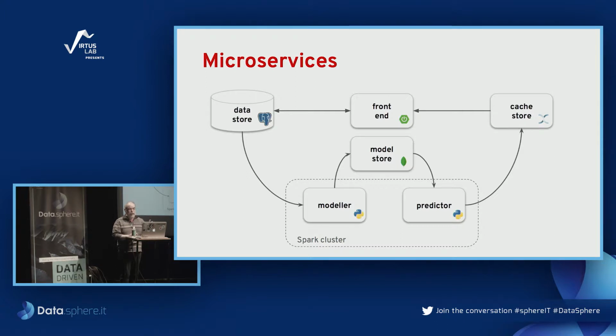And we have the user-facing component as well, the front end, which will consume the REST prediction endpoints from the predictor, and also will consult the data store to get additional data it might need, like real product names, user profiles, etc. And the modeler and the predictor are the only services in this implementation that actually have access to a Spark cluster.